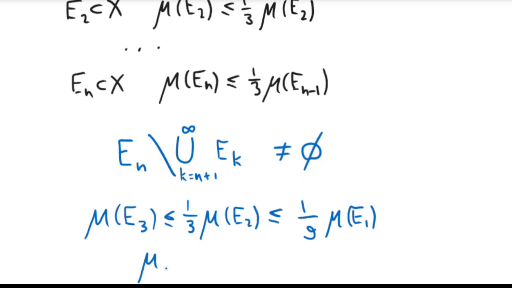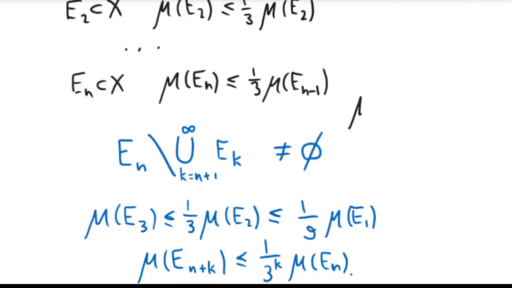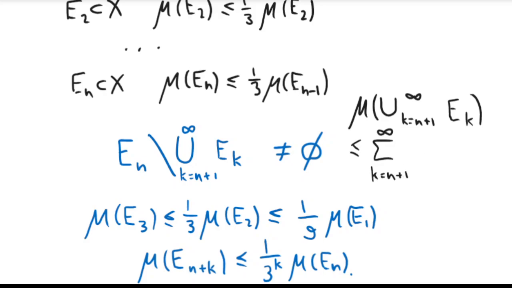And so in general, the measure of E_{n+k} is going to be no more than, if you just keep applying the inequality over and over, 1/3 to the k times the measure of E_n, right? So you have this kind of bound. And so that means that if you think about what is the measure of the union, k going from n+1 to infinity of E_k, so what is the measure of this? Well, it's no more than the sum starting at n+1 of these measures.